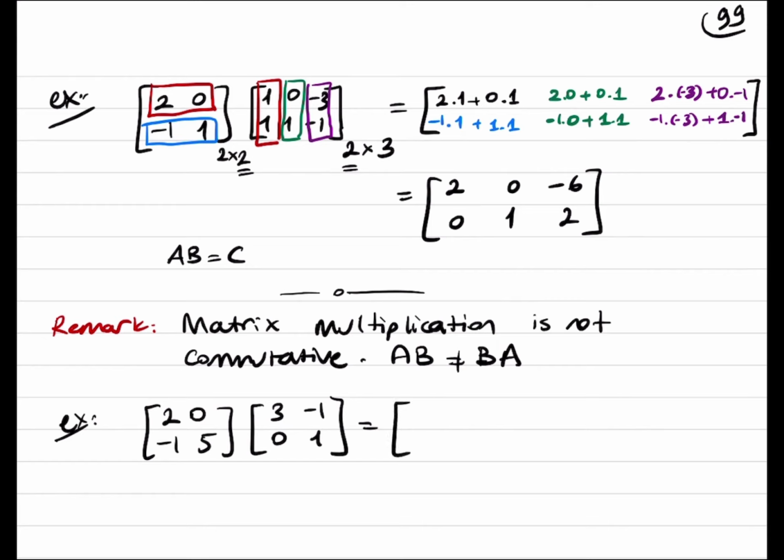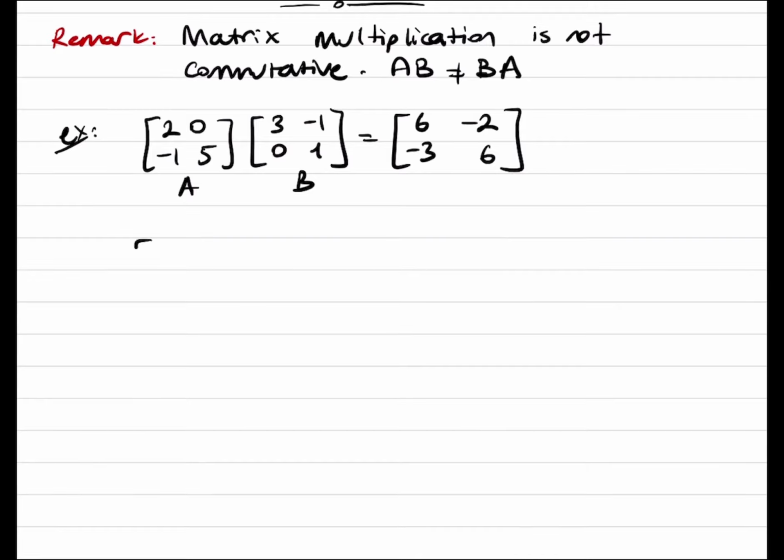Okay, let's do the multiplication A times B. 2 times 0, minus 2. And then we have minus 3, 1 plus 5. So we have 6. And then let's multiply B times A. Oops, what did I write? 3, minus 1, 0, 1.